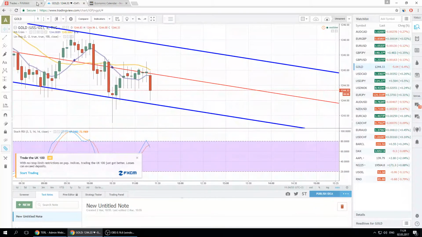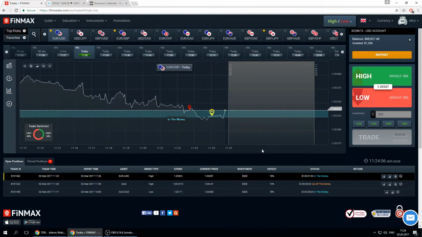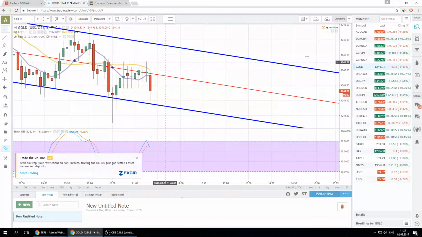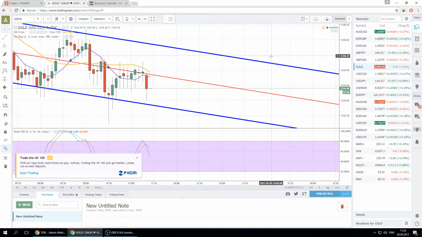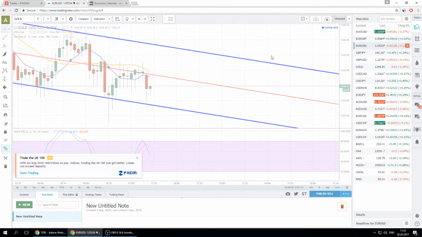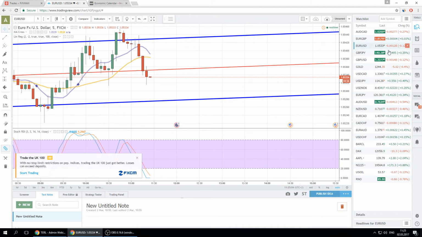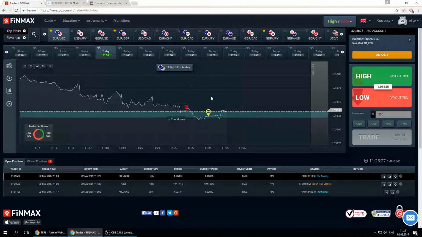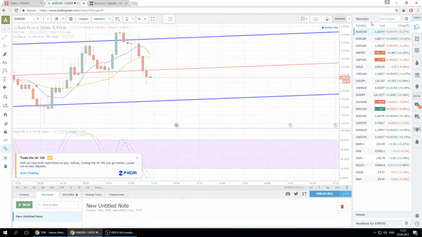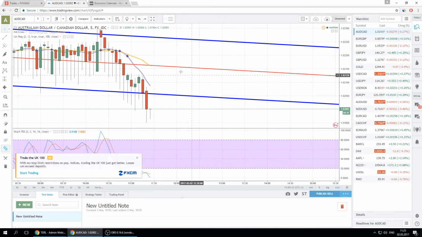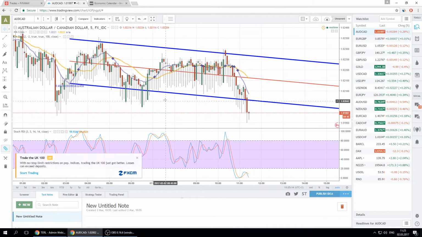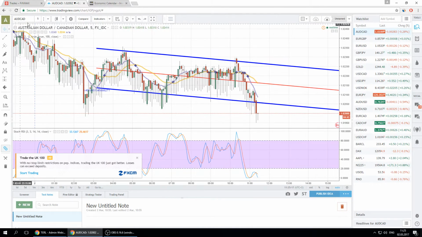The gold was opened for 10 minutes. So now we are waiting for gold to go up and for euro within these short ranges to go up as well, or at least to stay up above the level that we have opened the trade. Okay, what we have got here.